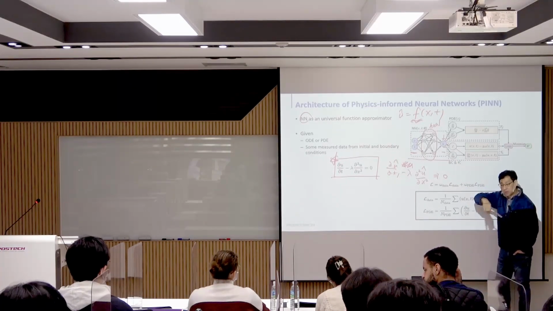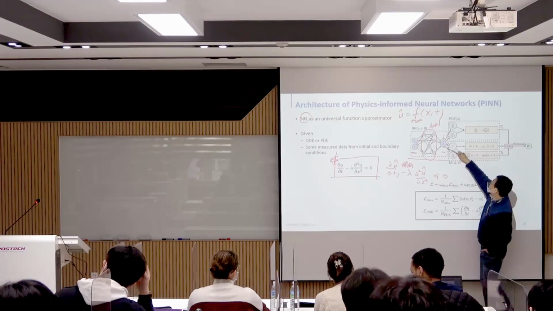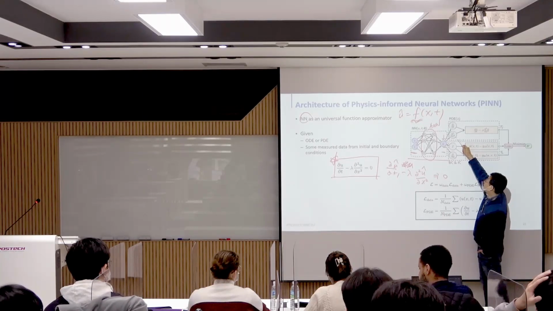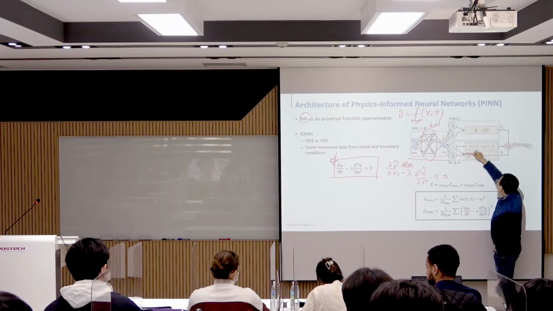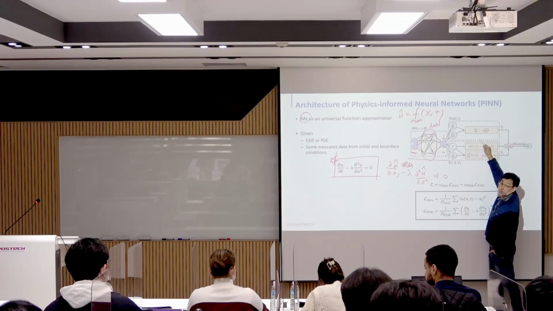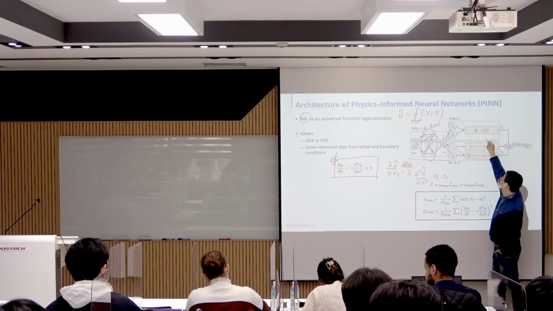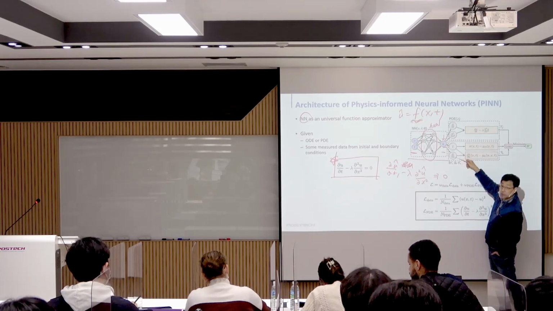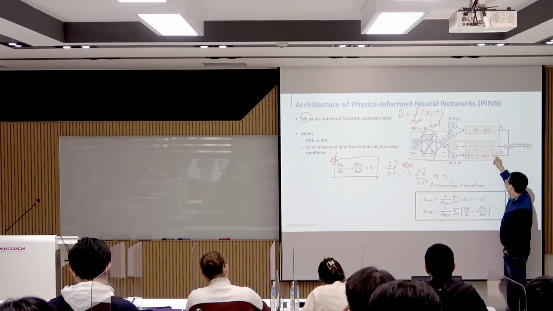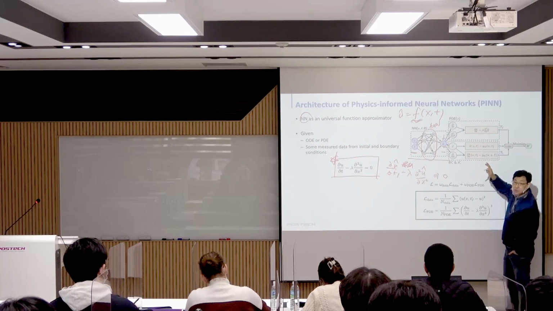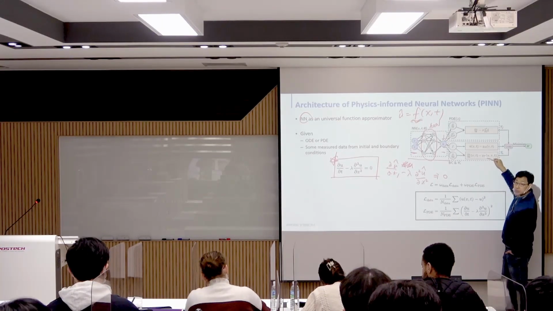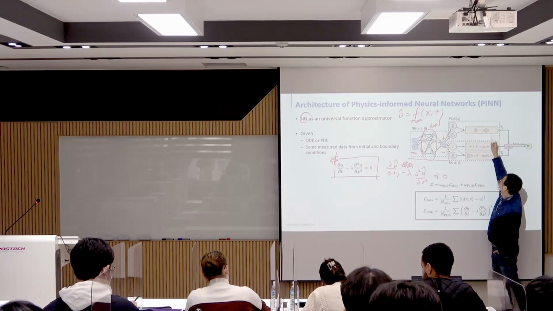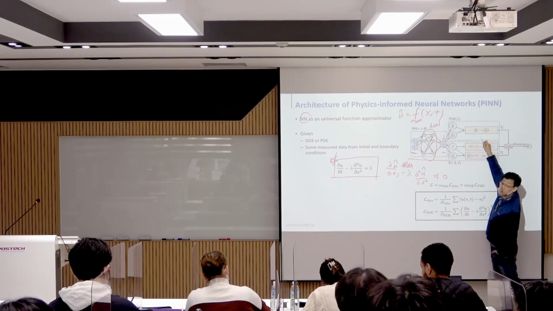Throughout training, we take the derivatives with respect to t and with respect to x twice, and now we can compute u hat and its derivatives. It should also satisfy the initial and boundary conditions that are given. We want u hat to satisfy this constraint.